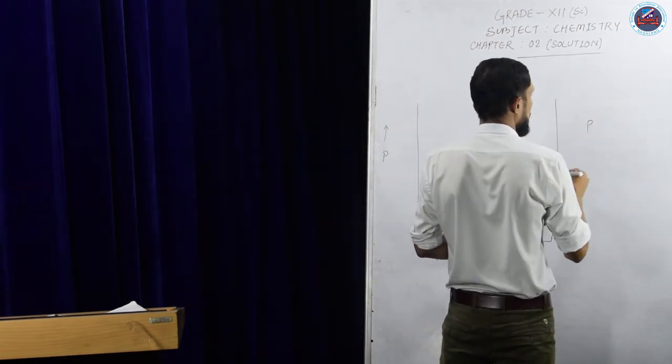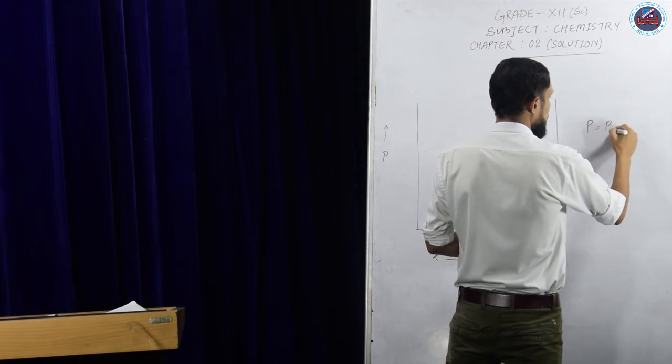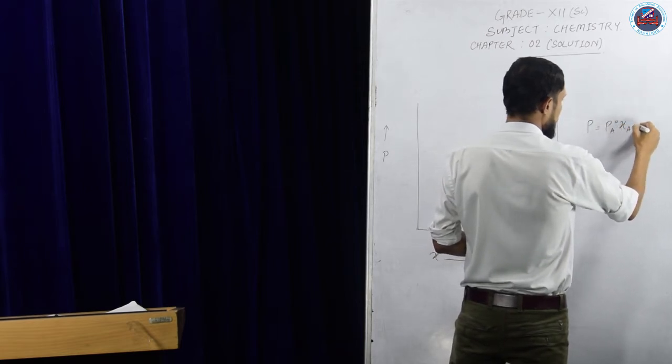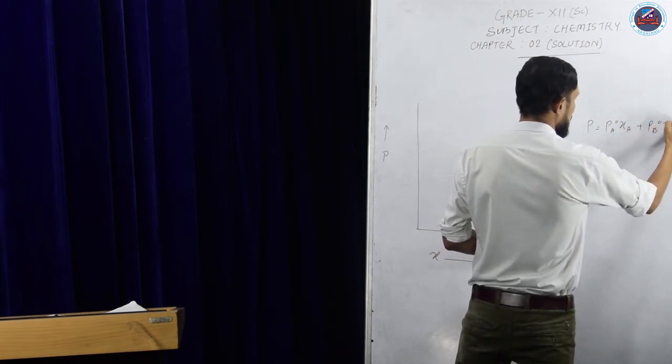So we have this equation P equal to PA naught XA plus PB naught XB.